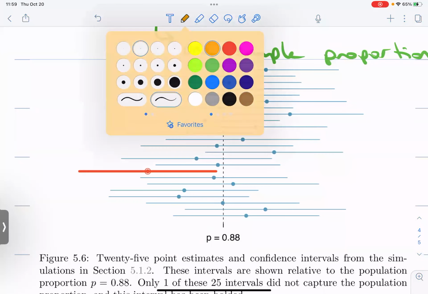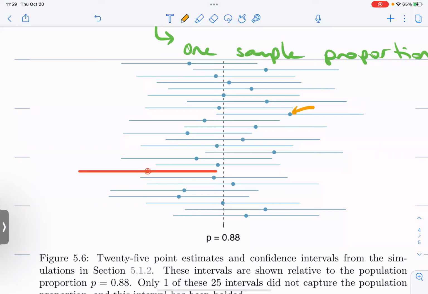So each of these little dots is the p hat, and then we've built the confidence interval around those p hats. Right? And so these are all 95% confidence intervals. And the reason we're only 95% confident is because there will be scenarios, and we won't know when that is, where our sample proportion is too far away from the population proportion, so our confidence interval does not capture it, right?